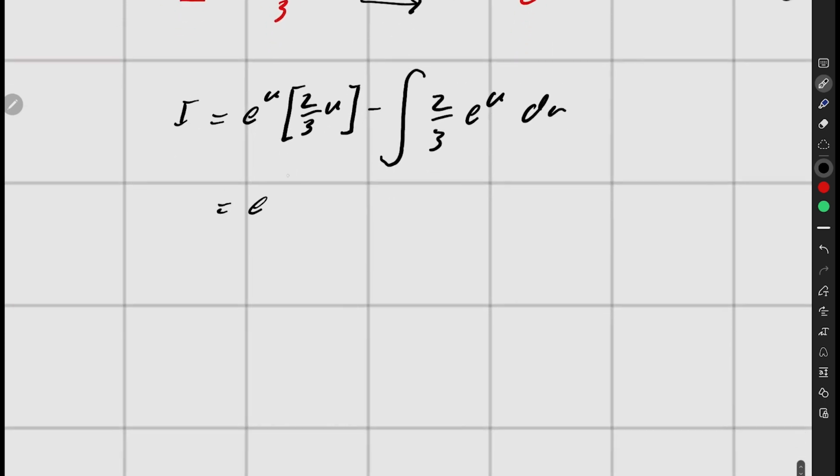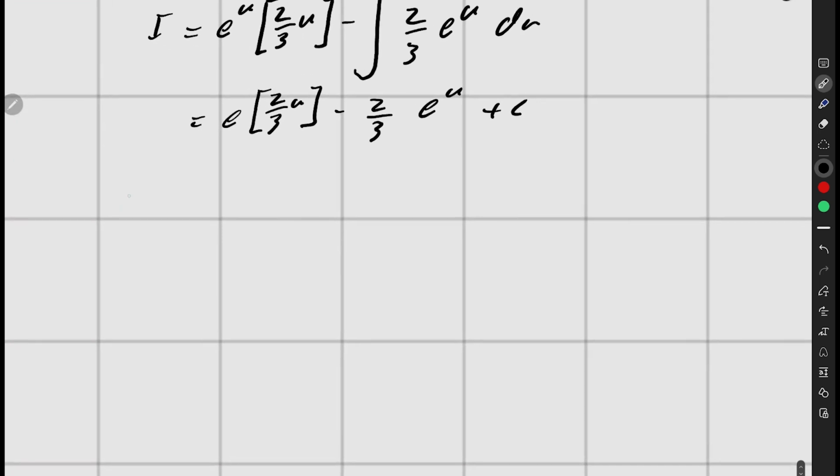That's going to be equal to e to the u times 2 on 3 u. When we solve this integral, we're going to have minus 2 divided by 3, multiplied by e to the u plus c. And again, we don't need to write the times 1. That's just the reverse chain rule for the exponential function.